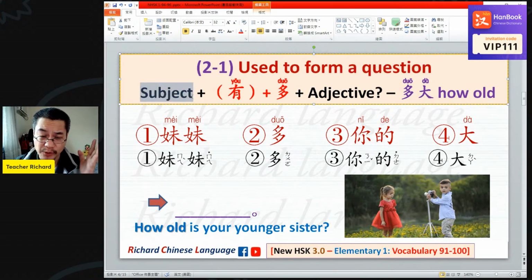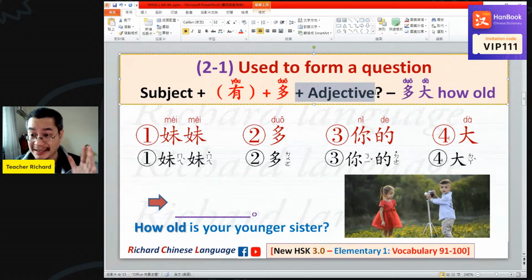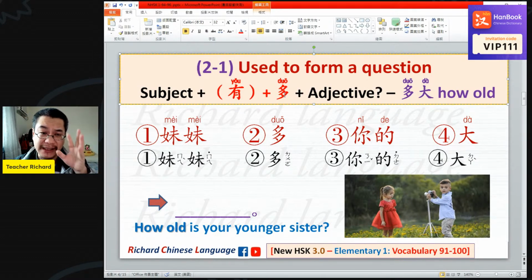So the grammar point is subject plus 有. You can use 有, you can go without. Then we use 多 plus adjective.